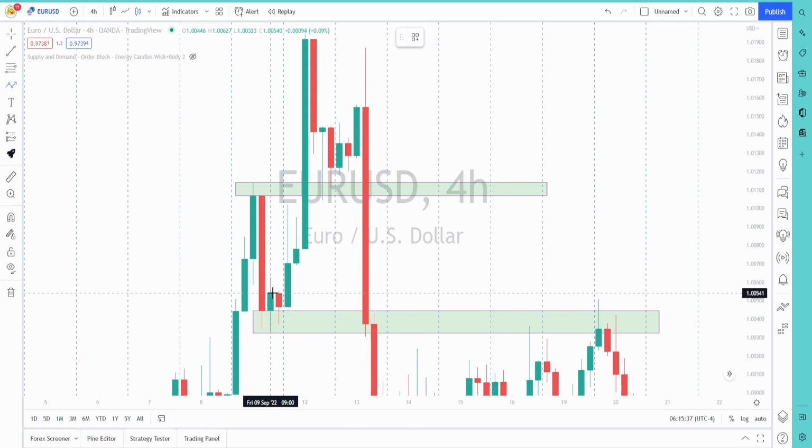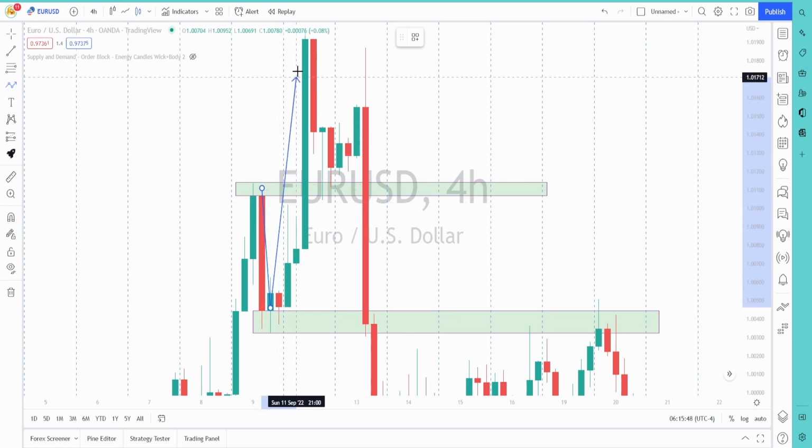So you can see that we've got an area marked off here. Price shot down, came right through, came back down into this area, tested it before going up further.